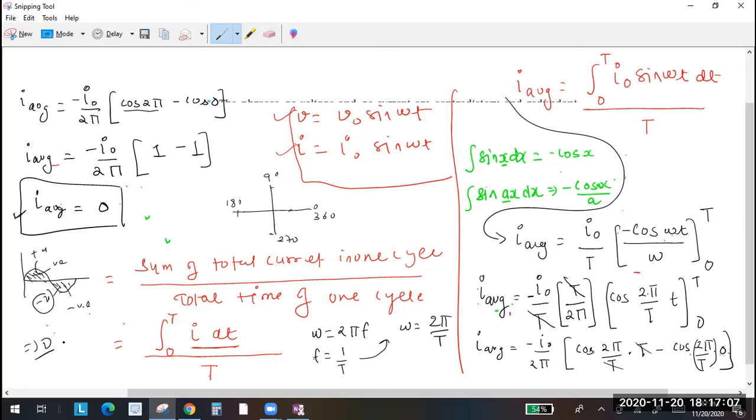So this is how we calculate the average value. Remember that. Easy or not? Easy. Okay. So many derivations will come, and I will tell you in the upcoming class.